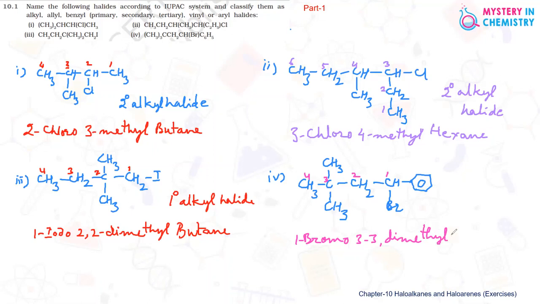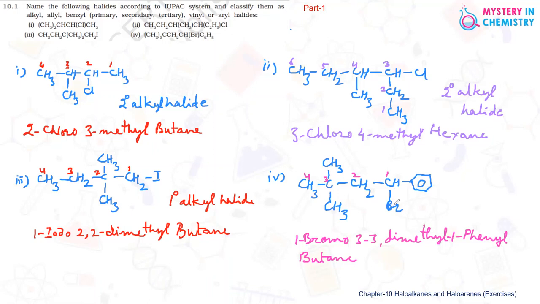And then at the first carbon atom there is one more group, very important, the phenyl group, we should not miss. 1-phenyl, and then you can say the parent compound is butane. So you are writing butane, ANE, that is, the hydrocarbon.